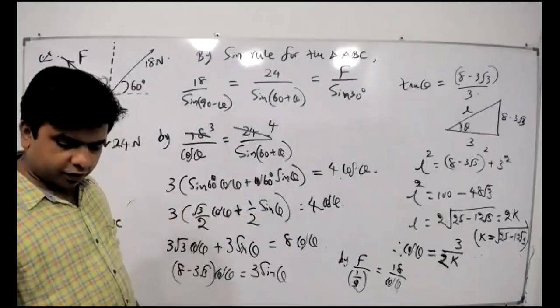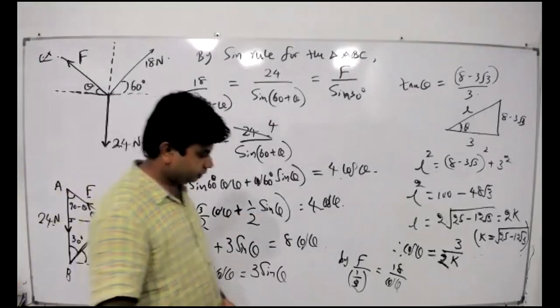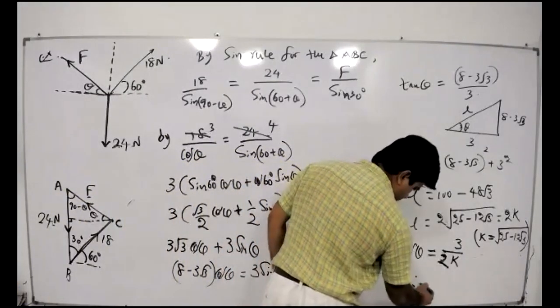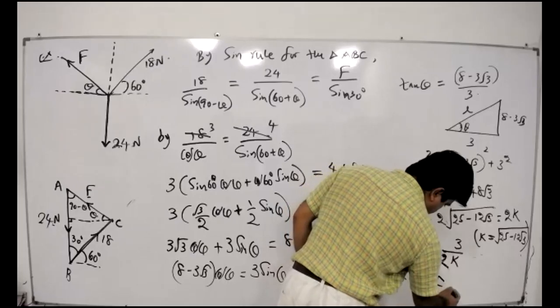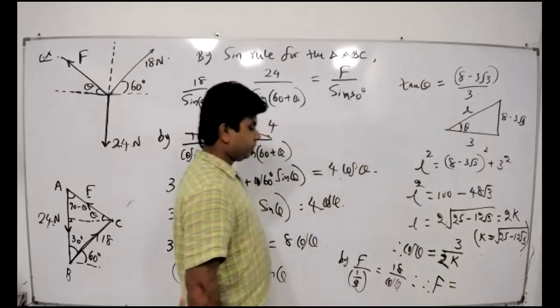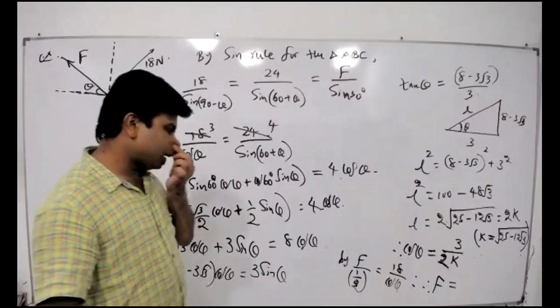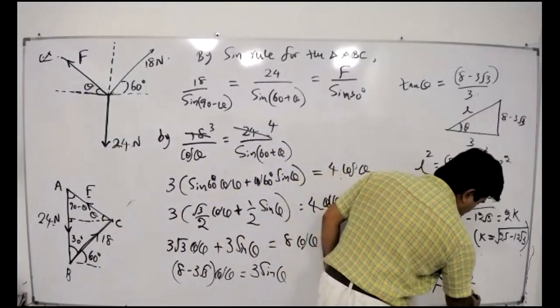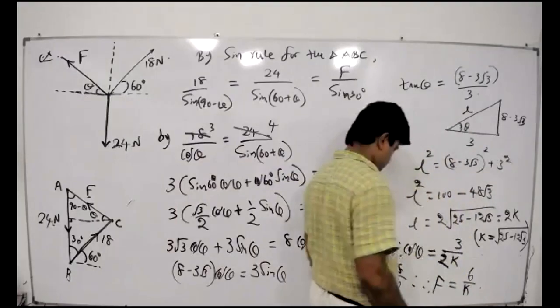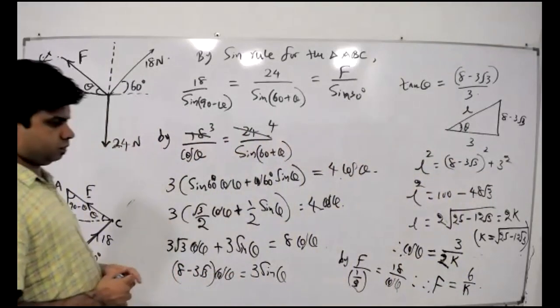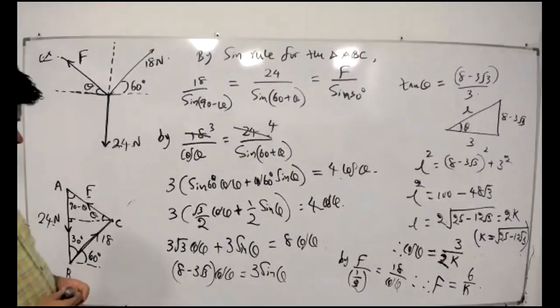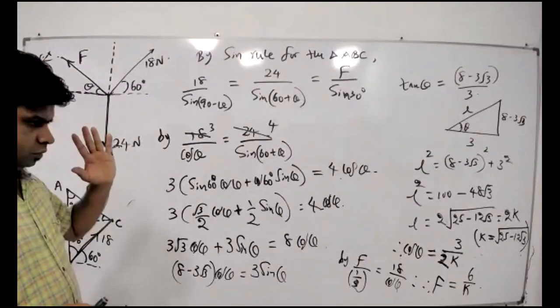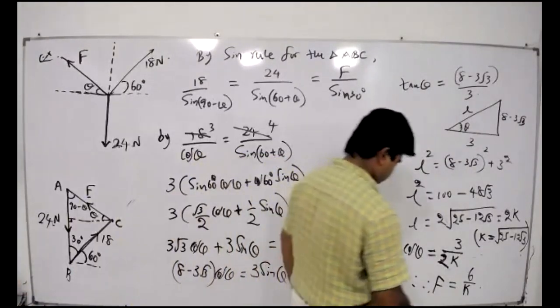What is the value of F then? Let's simplify. 3 over 2k, 2 to cancel. 6 over k, right? No, 6k, so 6k.